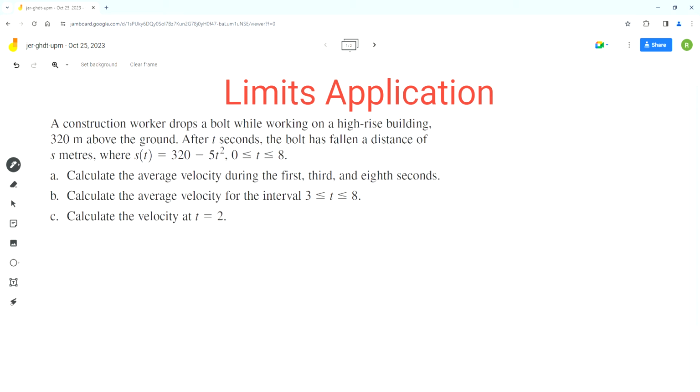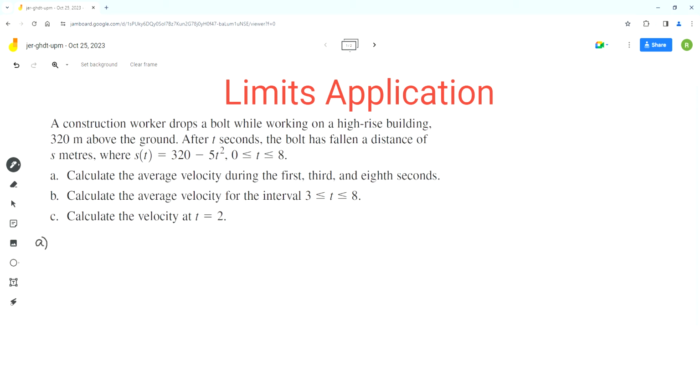So let's start with part A. In part A, we have to calculate the average velocity during the first second, the third second and eighth second. Now let's start with the first second. The average velocity, as you may know, is the velocity we calculate over a period of time.